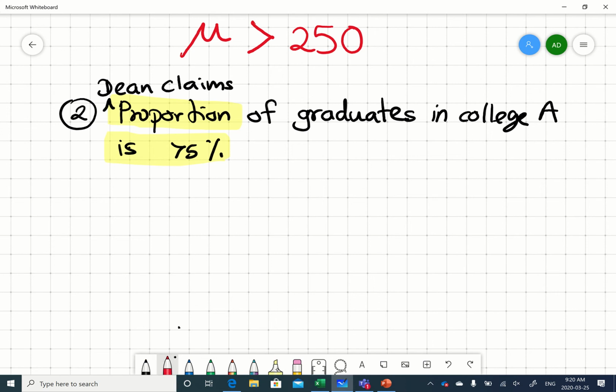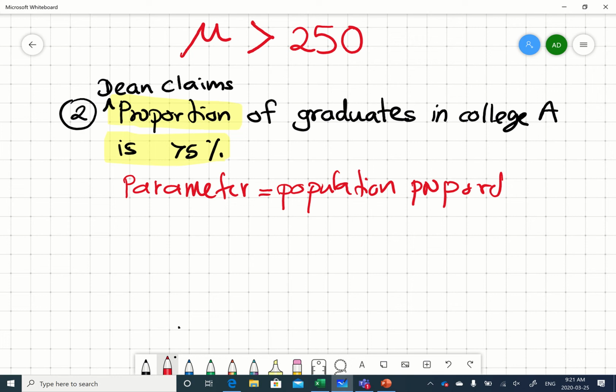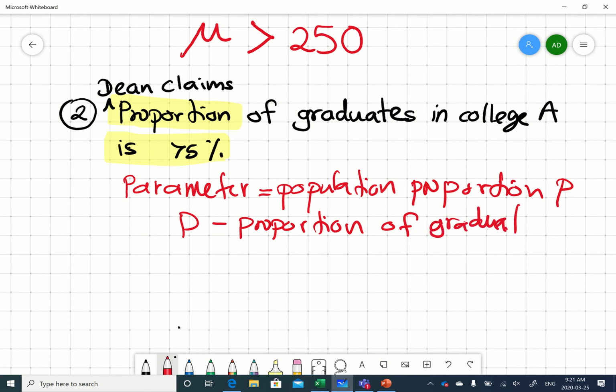So your parameter is the population proportion, simply P, and P is specified according to the question. According to the question, it's the proportion of graduates from college A.